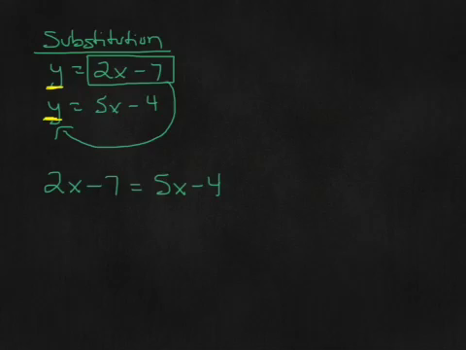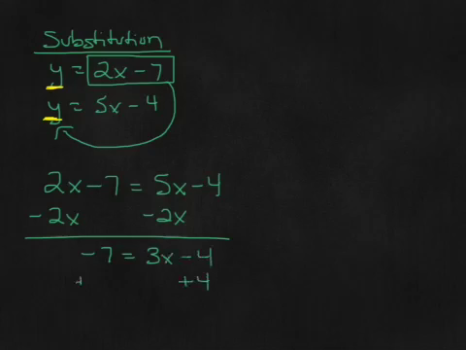So first bring the x's over. Number over. And then divide out. And so I get x equals -1.